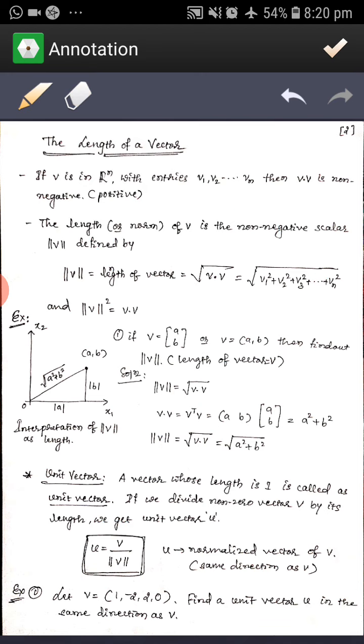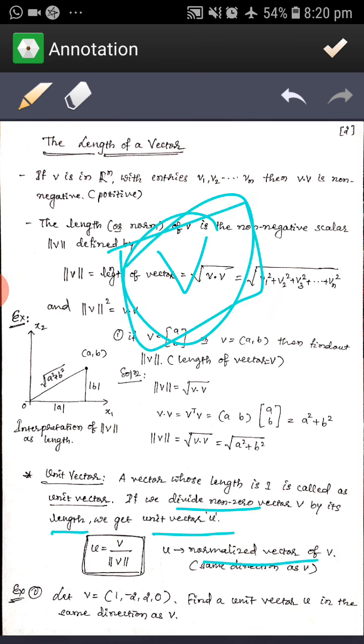Then we call it the normalized vector of v. If you divide a non-zero vector v by its length, we get the unit vector, which we call u. So how to find the unit vector of a given vector? That vector is divided by its length.